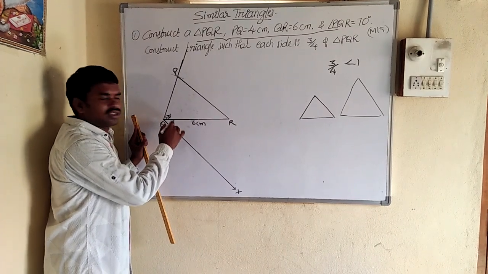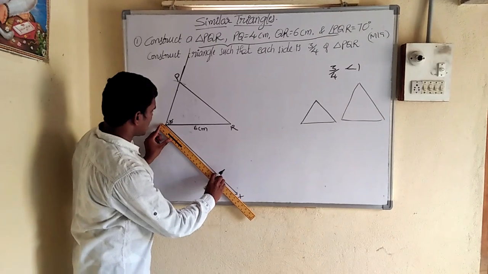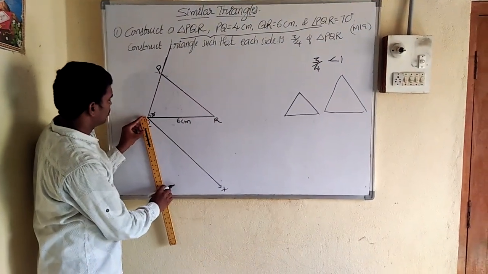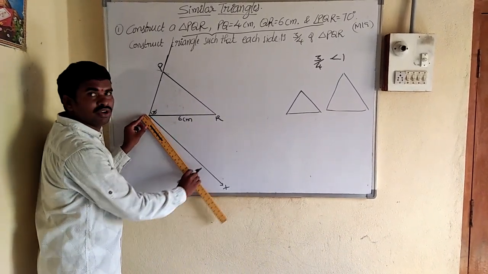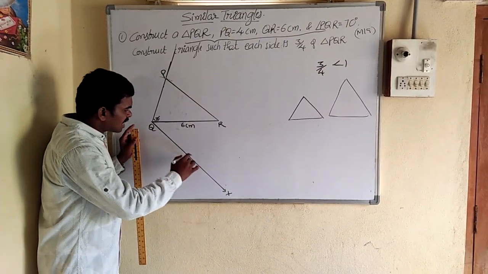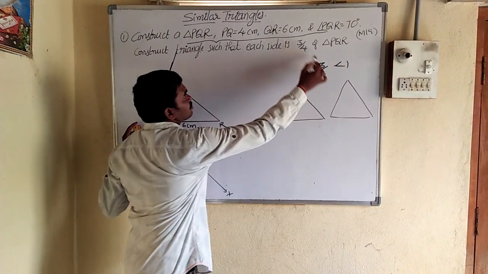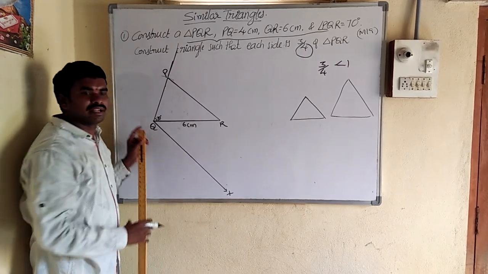It should be acute, meaning less than 90 degrees; it should be below 90. That is our wish. Next, we have to divide this ray into equal parts. How many equal parts? We have to divide the ray into 4 equal parts.